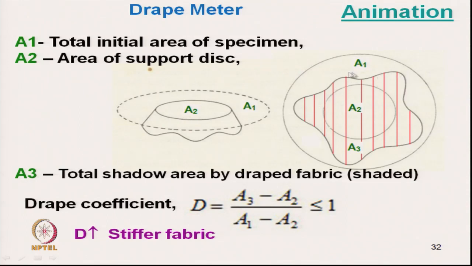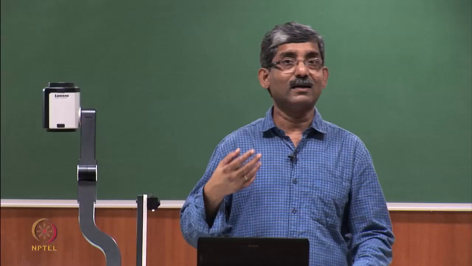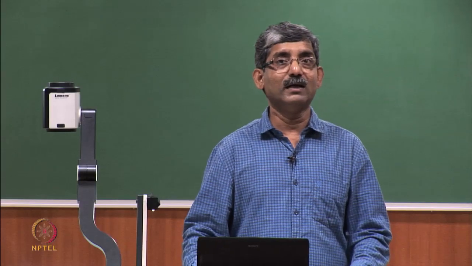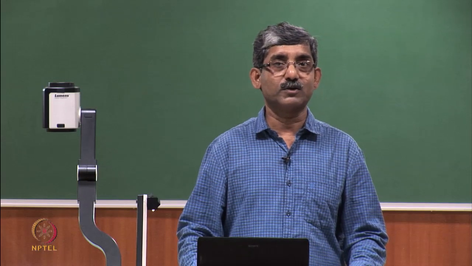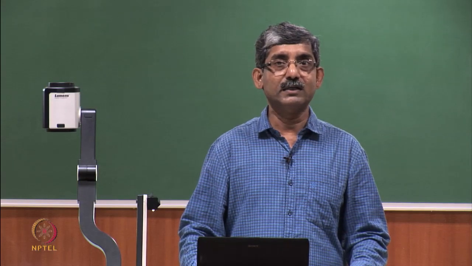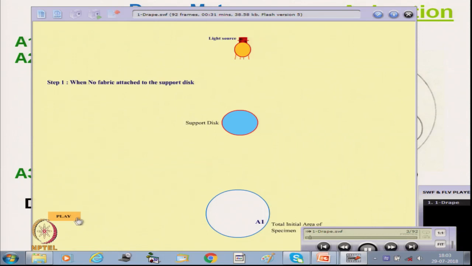So, we can trace and cut the fabric shadow and take the mass, and if we know the actual mass per unit area of the paper, from that we can calculate the area of the projected portion. Now, if we see the animation here, this is the support disc.